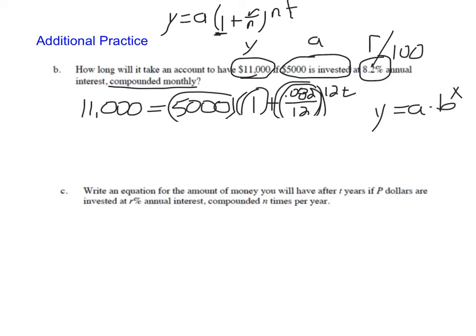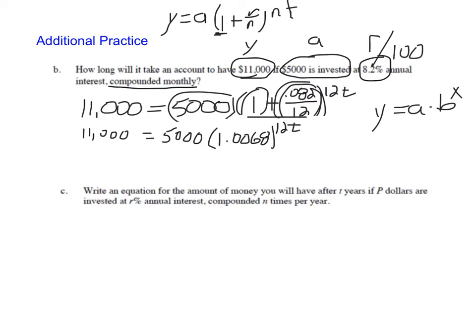So now let's simplify this. 11,000 equals 5,000 times 1 plus 0.082 divided by 12, which is 1.0068, raised to the 12t.